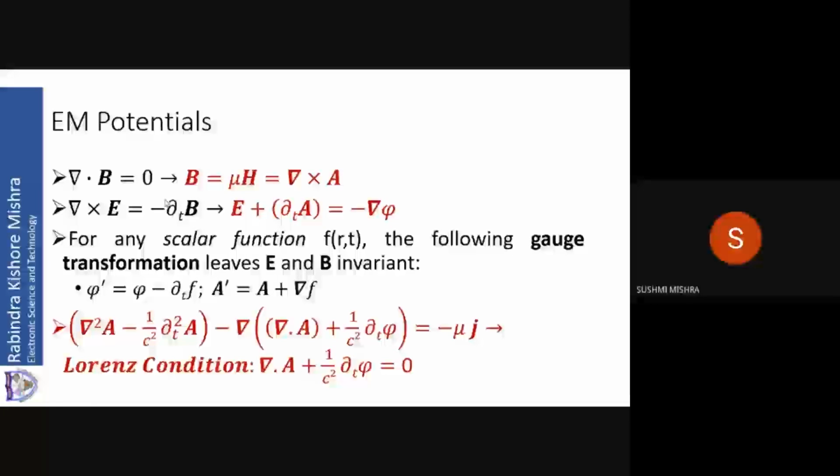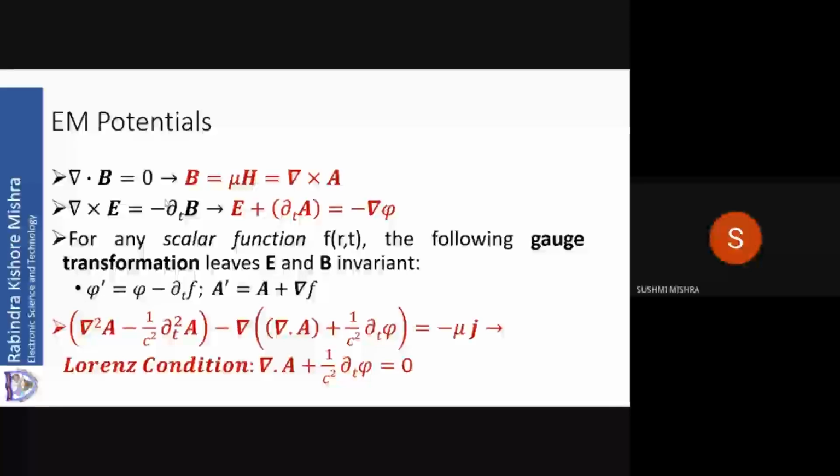So he put divergence of A plus 1 upon C square dou T phi is equal to 0, from which we found out divergence of A is equal to minus 1 upon C square dou T phi, which is the Lorentz condition. If we use that, then we get a wave equation. What is the advantage of this?